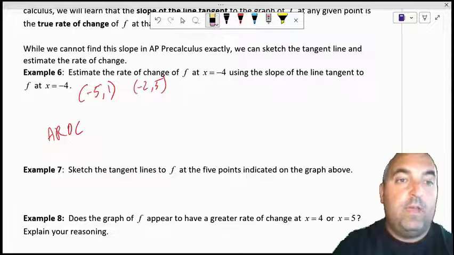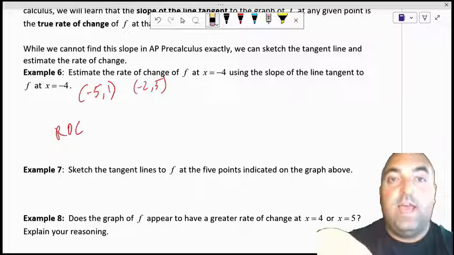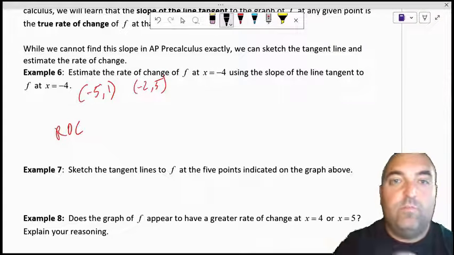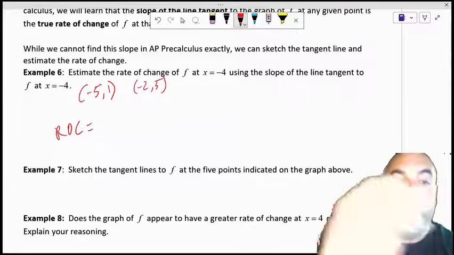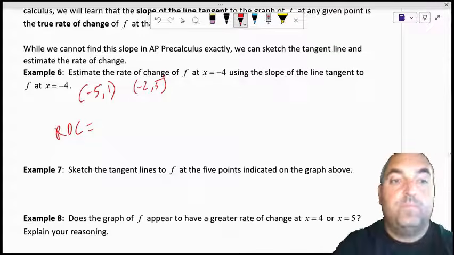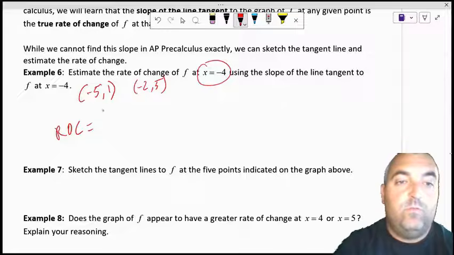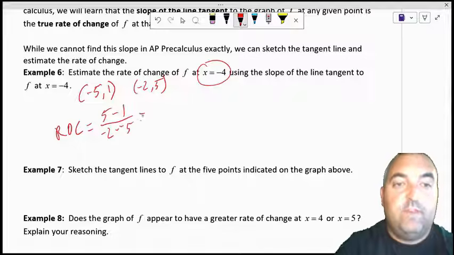And this time, I'm actually not going to call it an average because it's not an average. It's just the one tangent line. And this will be what we use for the rate of change at x equals -4. So 5 minus 1 over -2 minus -5.